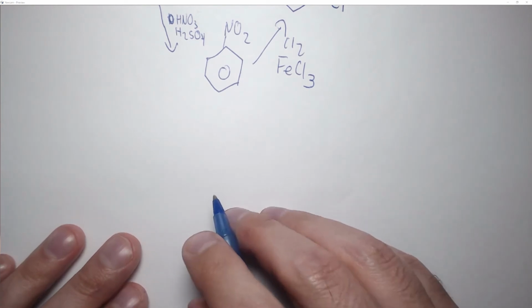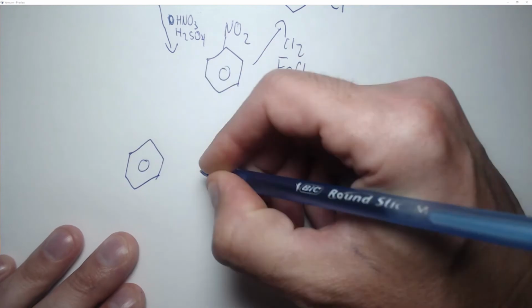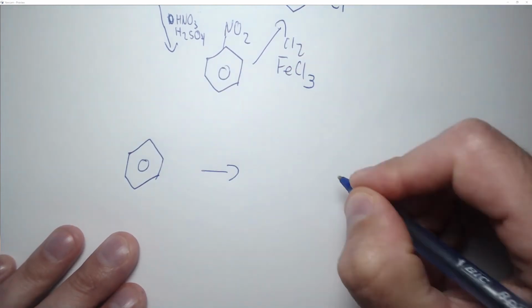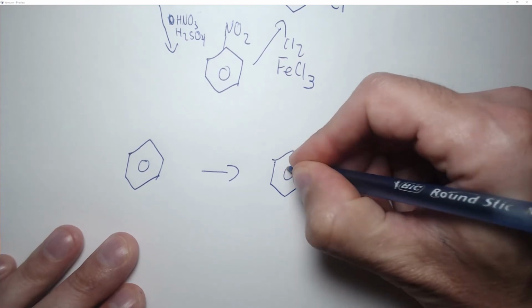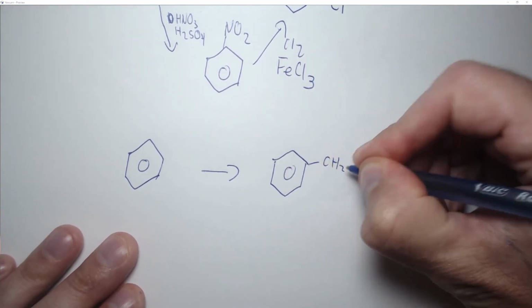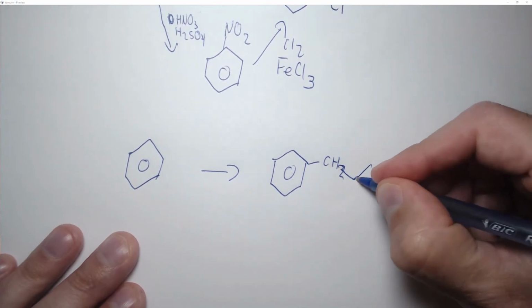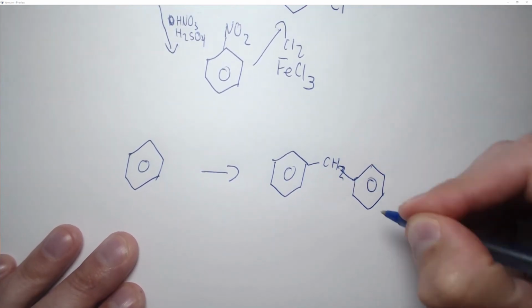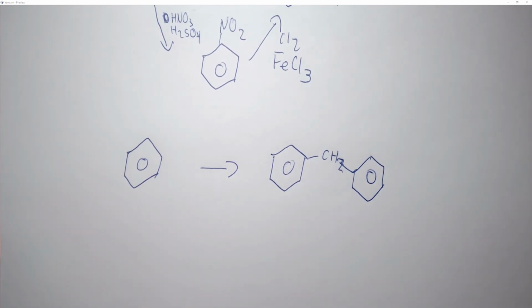But that's basically that. Let's look at another example. In this case, we're starting with benzene, and what we want to make is a benzene ring with a CH2 in the middle, and then another benzene ring. So we've gone from 1 benzene ring to 2 benzene rings.